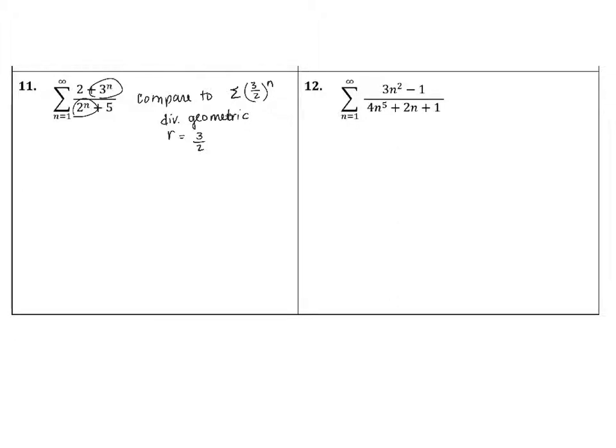So let's go ahead and look at our limit as n approaches infinity of 3 to the n over 2 to the n times this reciprocal, which is going to be (2 to the n plus 5) over, flip that over, (2 plus 3 to the n).